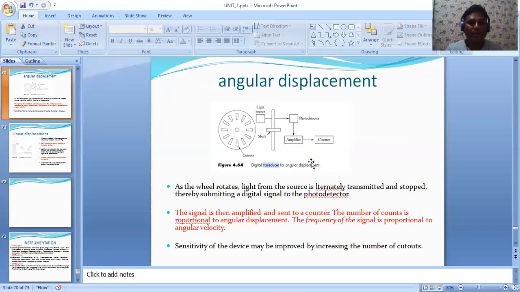The frequency of the signal is proportional to the angular velocity. So the sensitivity of the device may be improved by increasing the number of cutouts. So the rotation of the cutouts improves the quantity of the result in the displacement transistors.